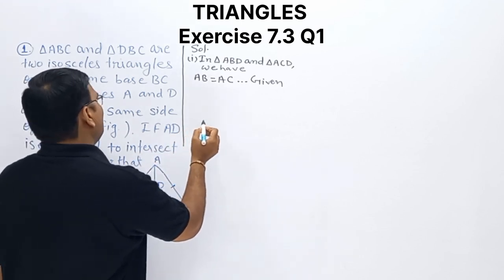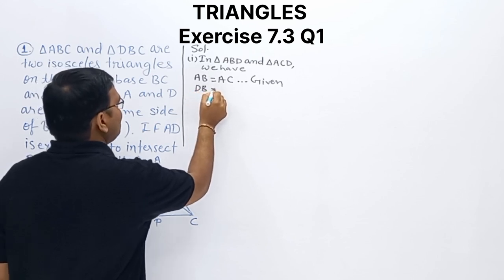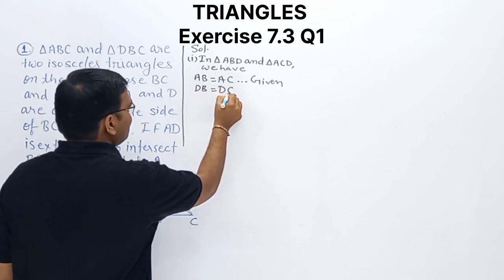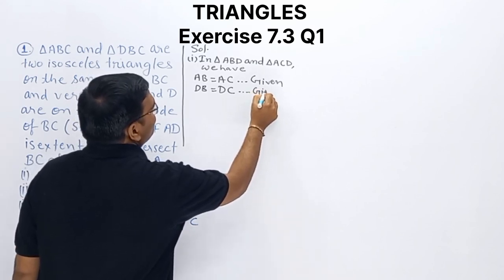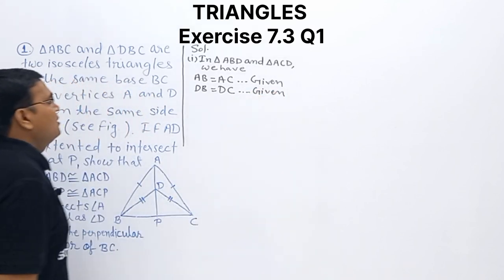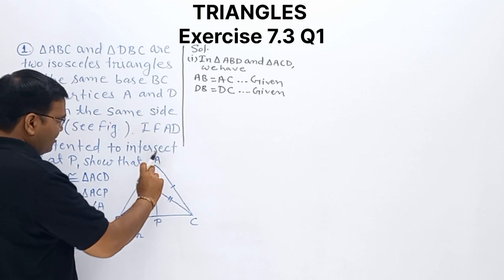DB equal to DC, both sides are given equal.